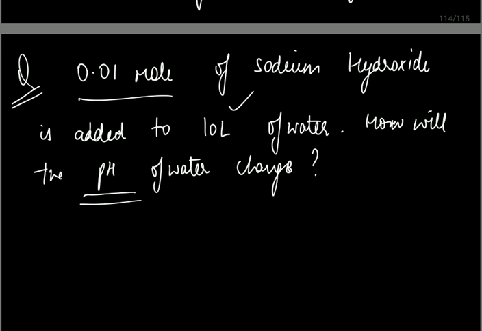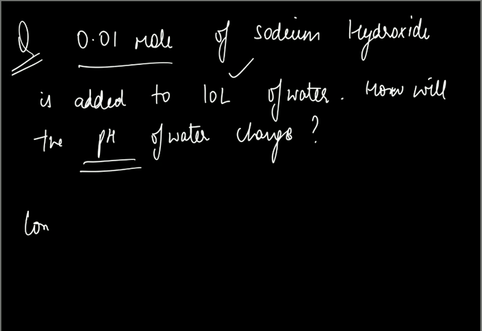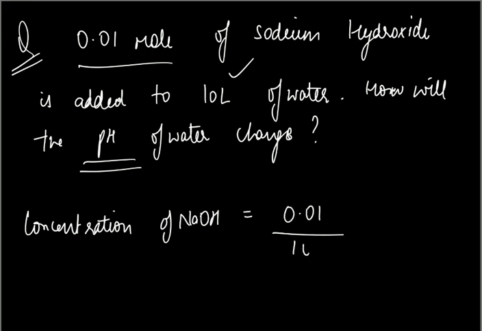Molarity I'm talking about. They have given moles, they have given volume. So concentration of NaOH is equal to 0.01 divided by 10 liters. So you don't have to do anything. It's moles given. It's not even weight given that you need to calculate into moles first. So this will be 10 raised to the power minus 3 we can write.